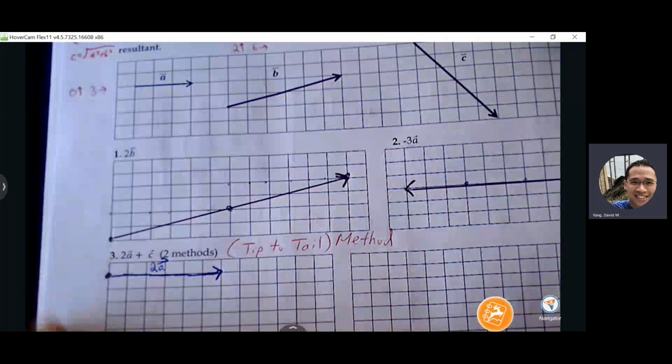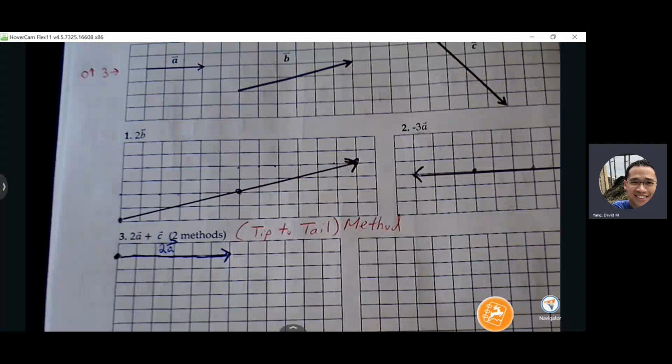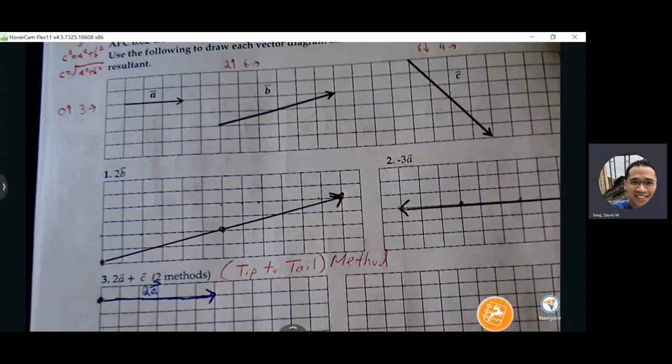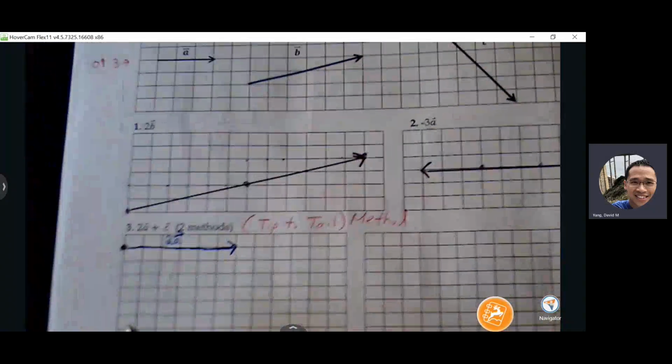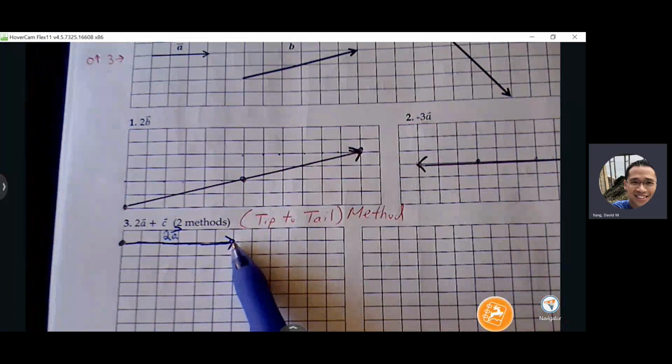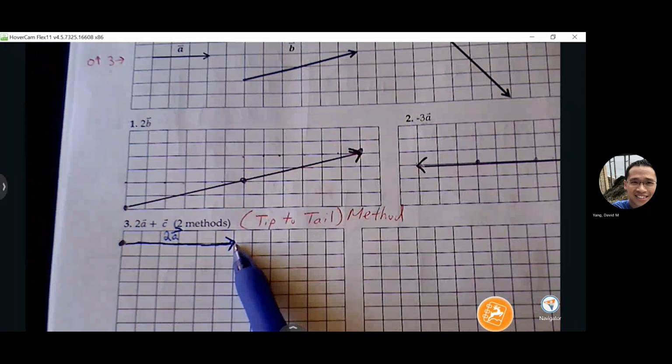I'm going to label what I just drew here, plus C. Now C is going to start here. Wherever C starts, I'm going to let it start at the end of where I left off.